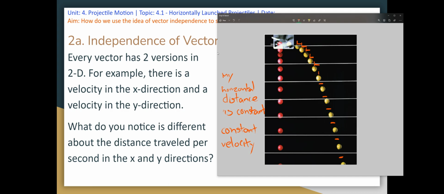This is further proof that we can take velocity in two directions. Clearly in the vertical direction, the distance I traveled was increasing, but the distance traveled horizontally remained the same. And thus we say that my horizontal velocity is constant.